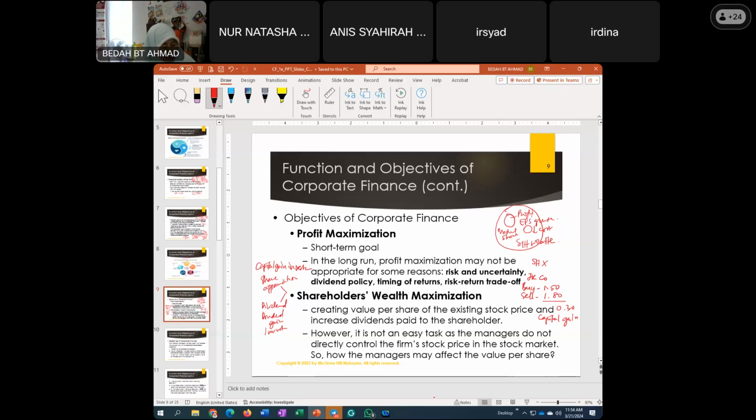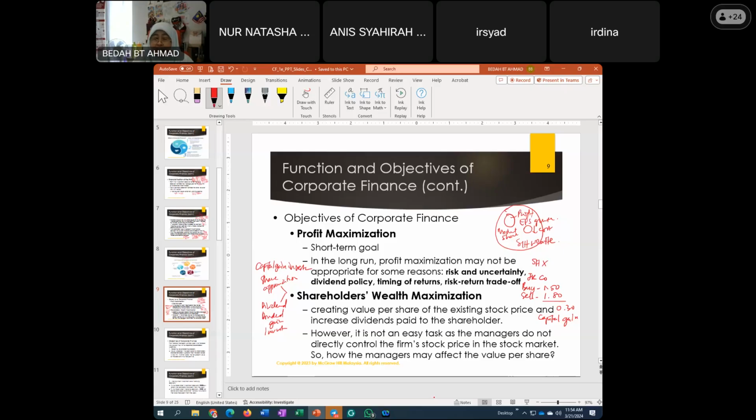These types of investors expect that the company is able to pay higher dividends. Higher dividends depend on the earnings. So the managers or directors have the responsibility to select investments that give higher returns.